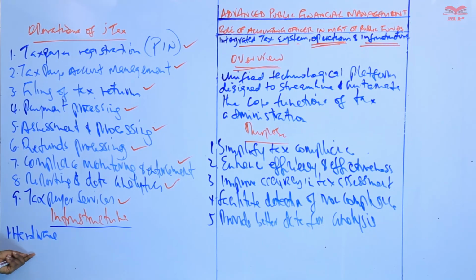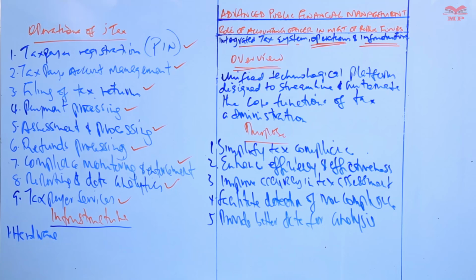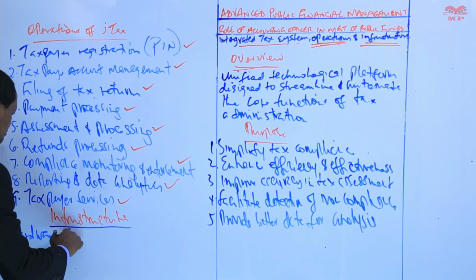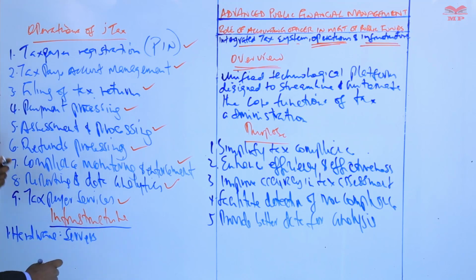One component required is hardware. For hardware, you need servers. Powerful servers are required to host the central database and application software capable of handling large volumes of data and transactions.